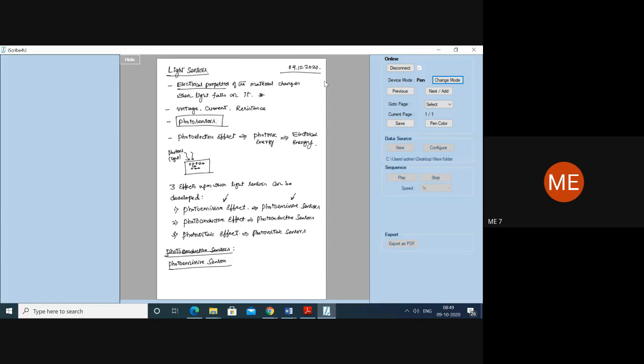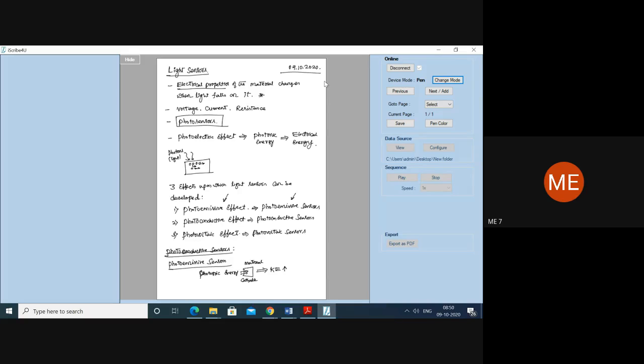Now, this can be applied. The energy is the photonic energy, and it falls on the material. Due to this, the valence electrons of the cathode absorb the light energy, resulting in an increase in the kinetic energy of the particles.